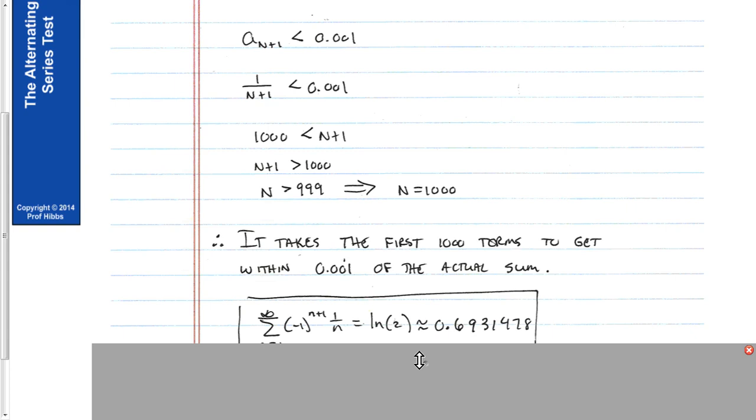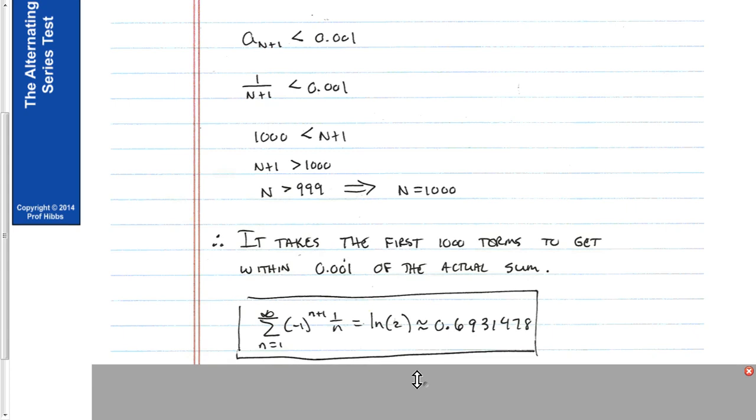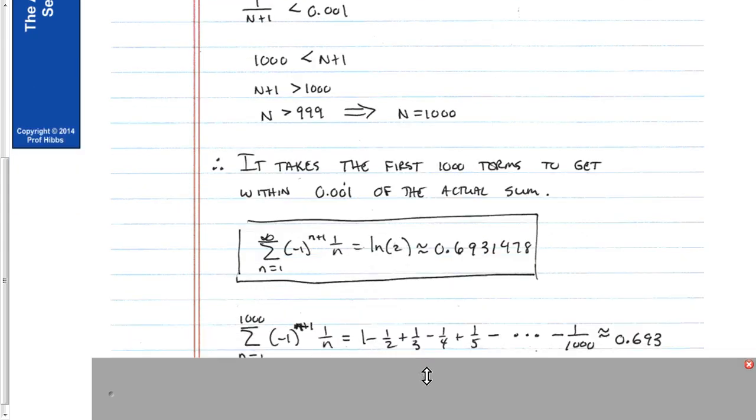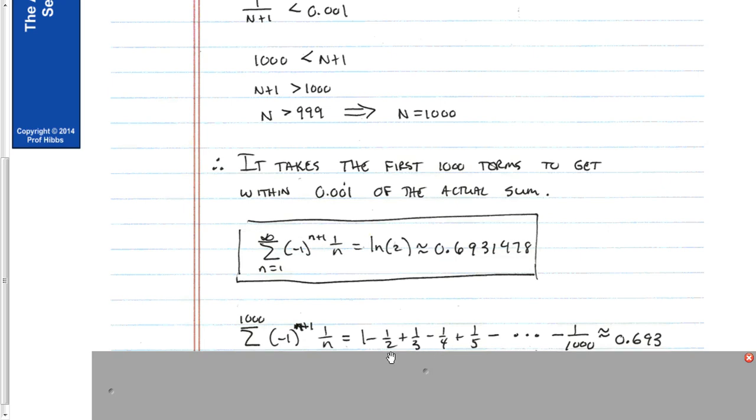Let's see what else we have here. What I went ahead and did here, just to show you an example, the actual infinite sum comes out to be the natural log of 2. And the natural log of 2 is approximately 0.69314778. If we add up the first 1000 terms, it would look like this. And of course, they're alternating in sign.